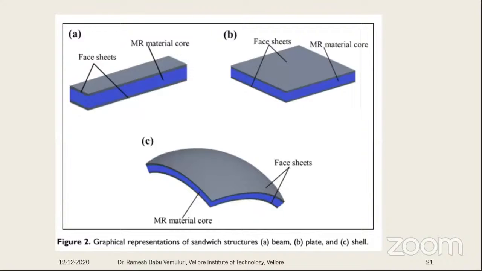Then how these MRE sandwich plates will be made: there are two face sheets, and in the middle is the MR material core. And these are the face sheets in the shell structures. These are the beam cases, these are the plate cases, and these are the shell cases. Like this, there are three different structures available.